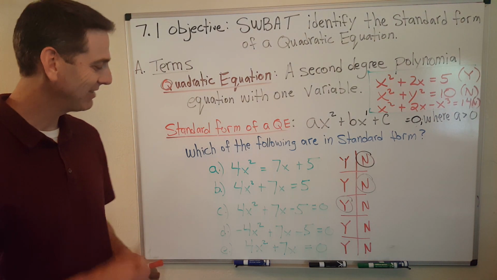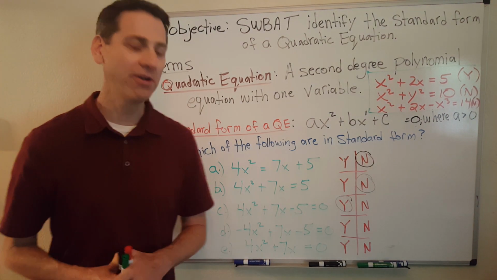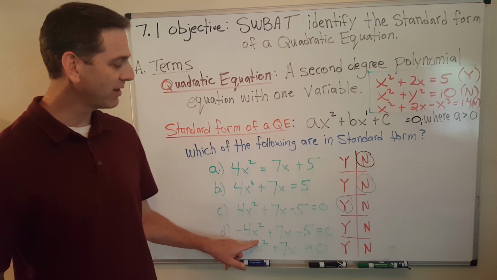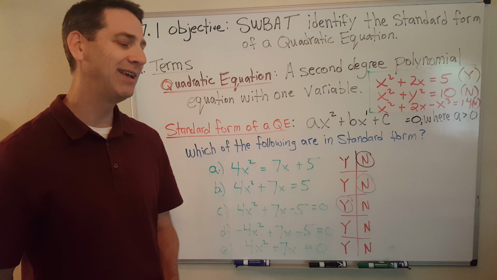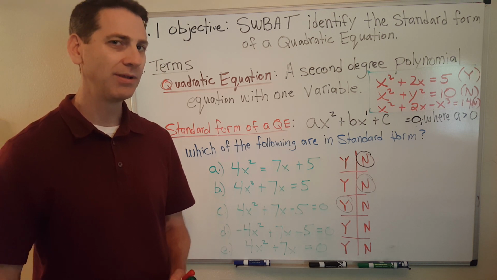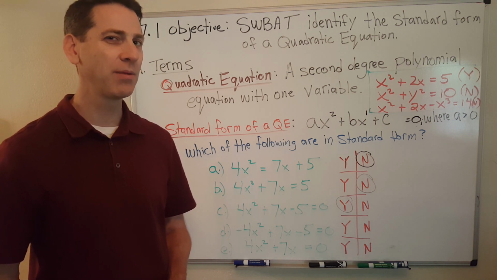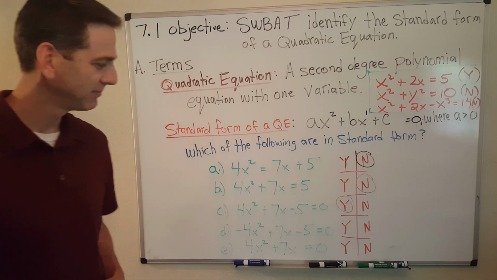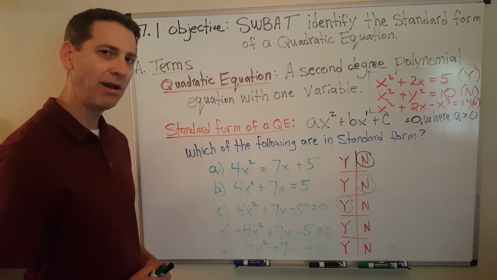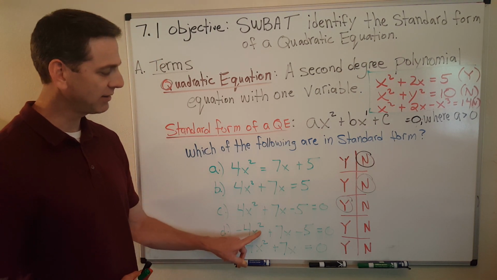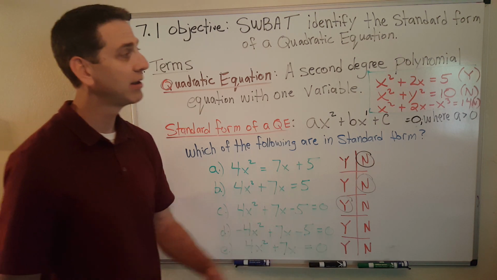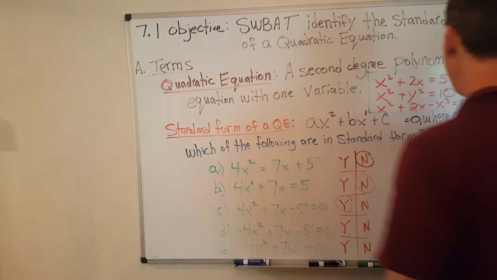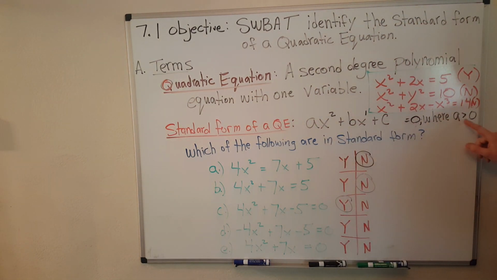All right, let's try letter D. Okay, letter D is negative 4x squared plus 7x minus 5 equals 0. Is that in standard form? Pause the video and think about it. All right. Well, let's take a look. It's in descending order, and it is set equal to 0, but look, a has to be greater than 0.